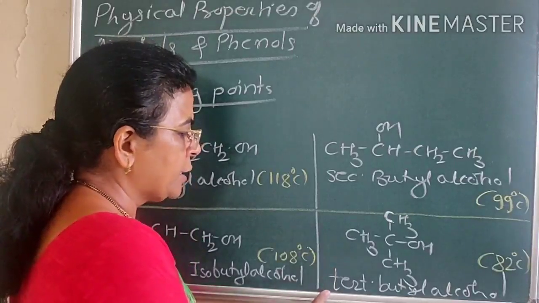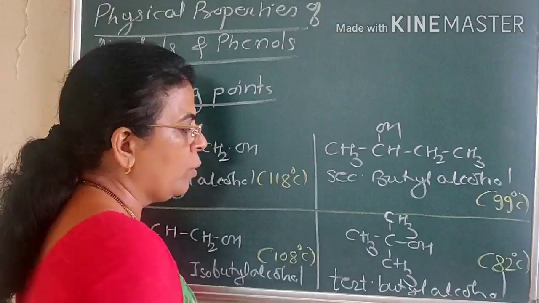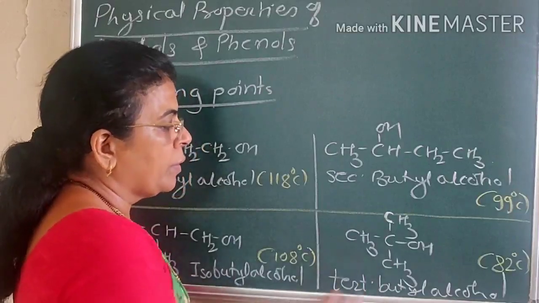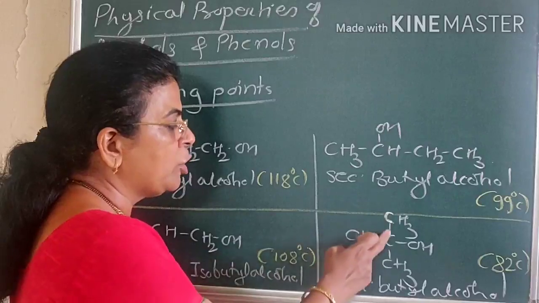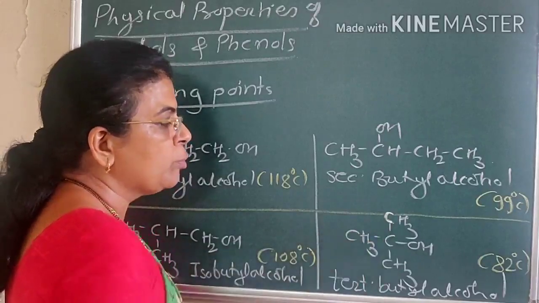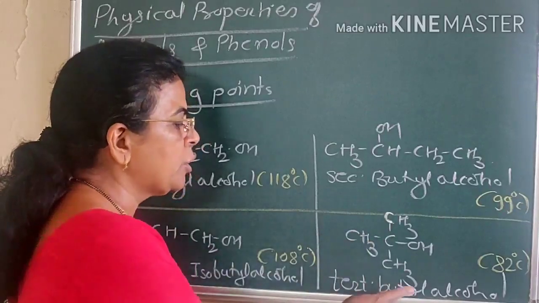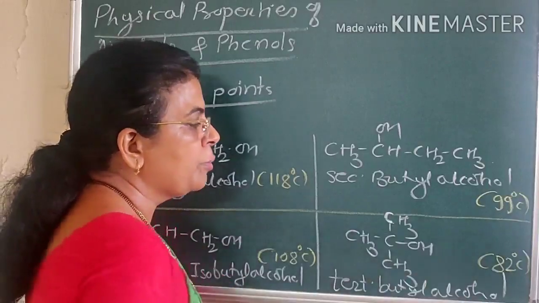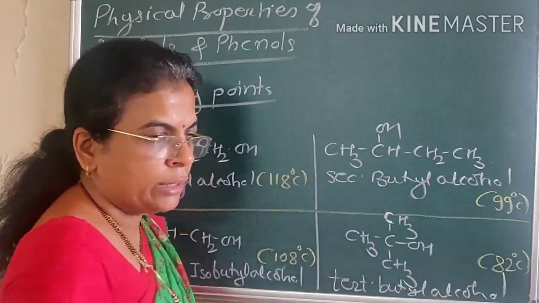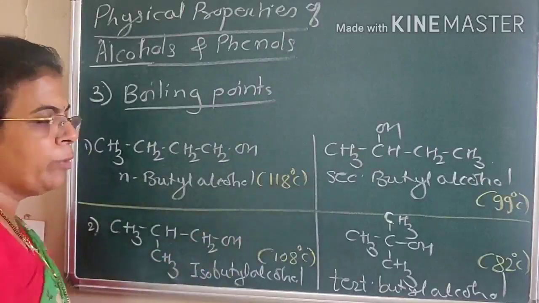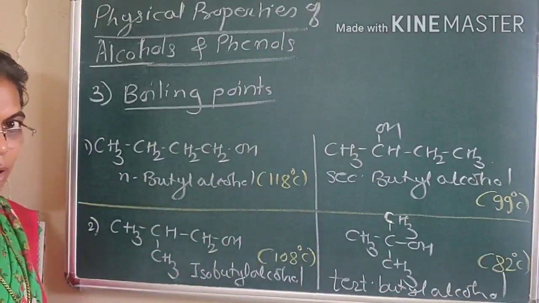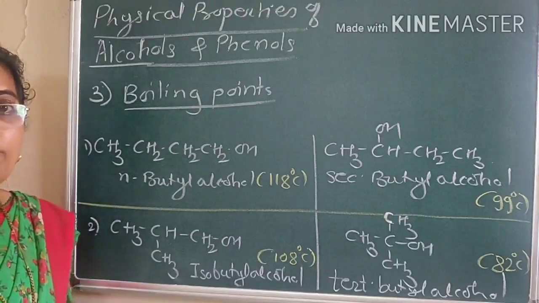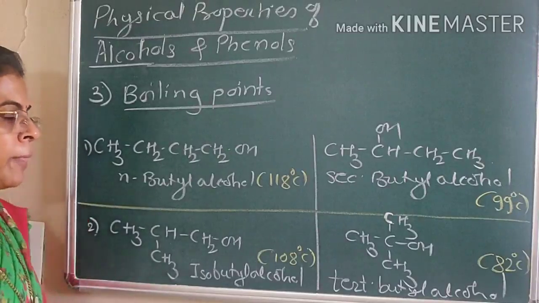And if we take the last example, tertiary butyl alcohol. Here this carbon atom is a tertiary carbon atom, the tertiary butyl carbon atom, which is bonded to the hydroxy group. The boiling point of this compound is 82 degrees Celsius. From all these 4 examples, we can say that as the surface area increases, or as the branching decreases, the boiling point increases.